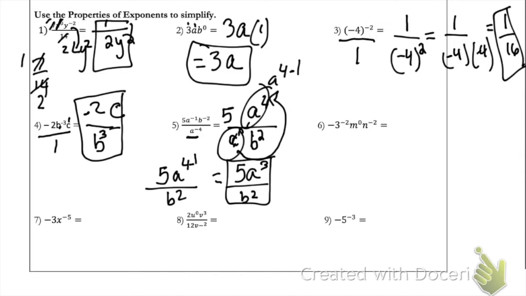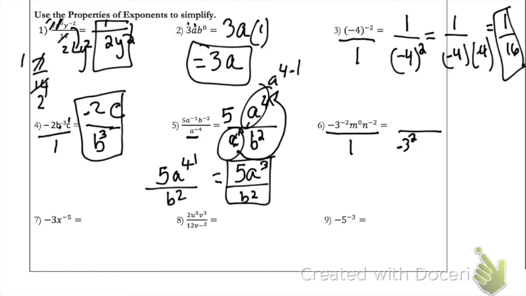Number 6. As you guys can see here, we have some negative exponents, and we don't really have a fraction, but I'm going to go ahead and make this into a fraction by making it over 1. And then I'm going to start shifting things around. You have a negative 3 to the negative 2, right? So I'm going to move that to the denominator, so it's a negative 3 to the positive 2, right?